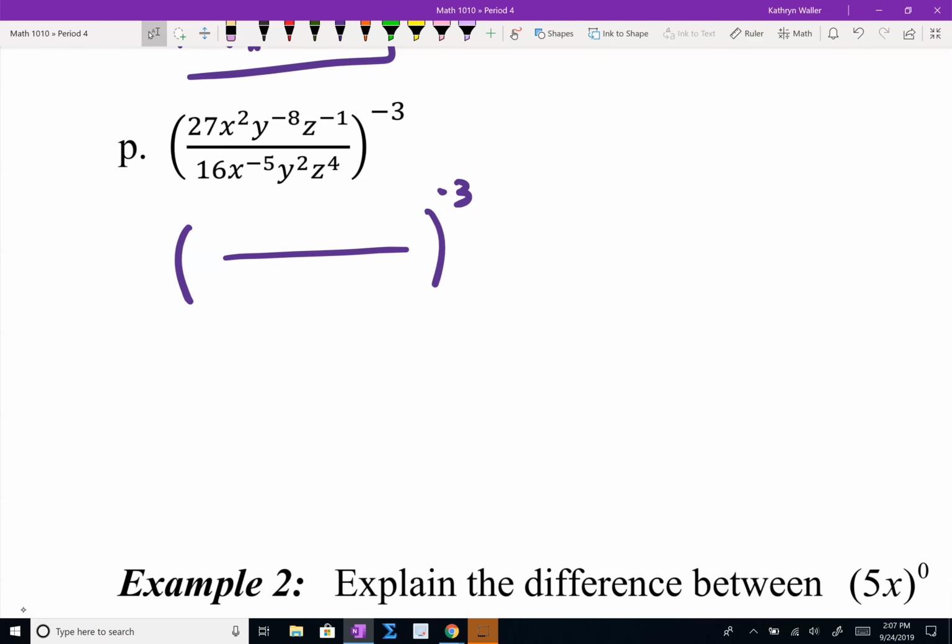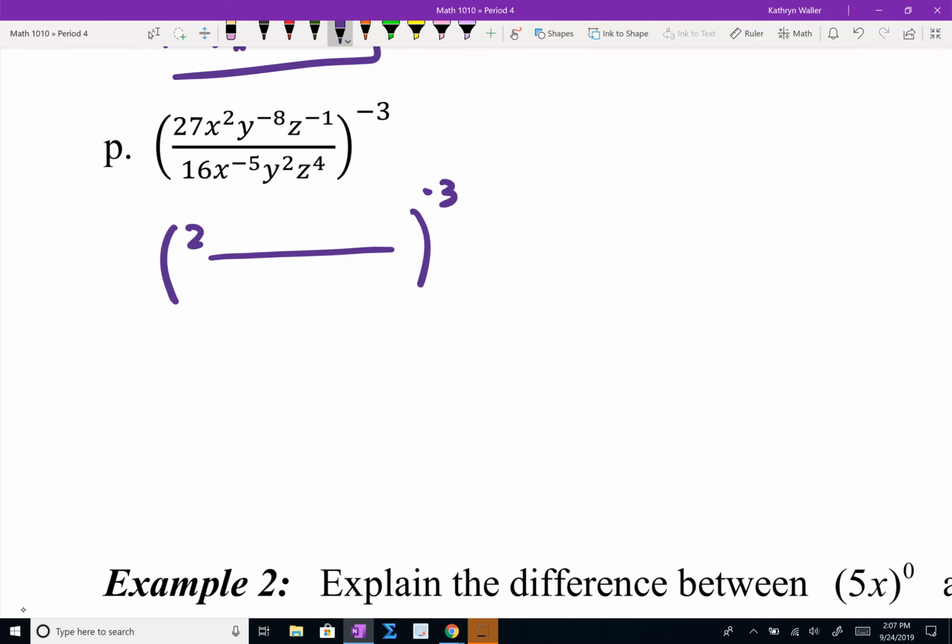Negatives. You're exactly right. Start moving those negatives, right? So I have a 27 on the top and a 16 on the bottom. Okay, see the x to the second on the top, write it down. The x to the negative fifth on the bottom comes up. On the bottom, you have a y to the second. The y to the negative eighth comes down. You just have to be careful that you write everything down.